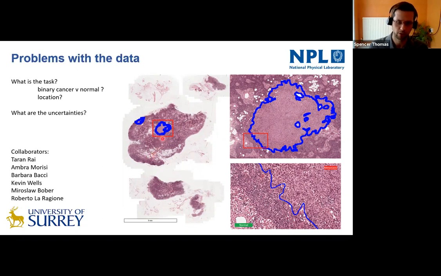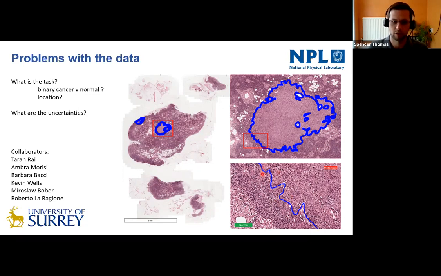If you're interested in location, then the boundary of this becomes very, very important, as you can see here from these zoom ins. These are annotated by expert pathologists on where the boundary is between cancerous and normal tissue. These boundaries are very complex themselves, and so if you want an algorithm to trace this out, then that's quite a challenging task. But also the absolute location of this is potentially not known.